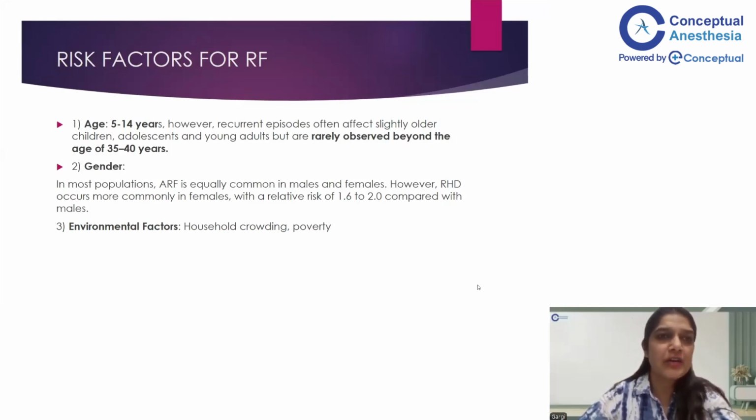But there's also a belief that females are probably more prone to rheumatic fever, probably because they stay at home more, specifically in rural areas, and come in contact with children the most. So the relative risk of 1.6 to 2 in females is high as compared to males. Also, environmental factors are responsible wherever there is household crowding and poverty. These are the root causes for an increased amount of infection, and the patient may present with rheumatic fever.